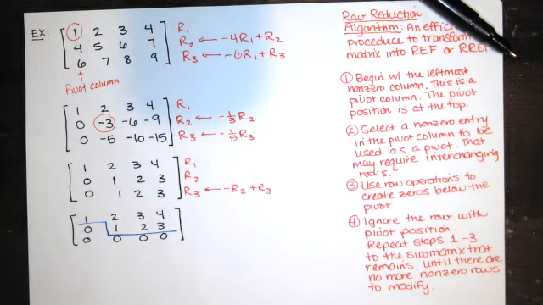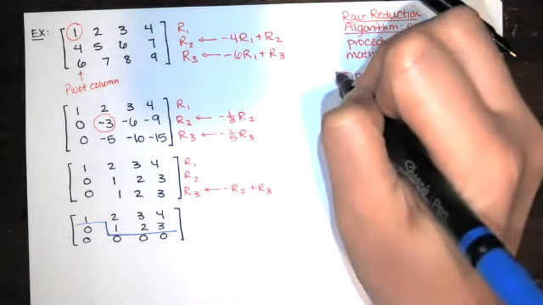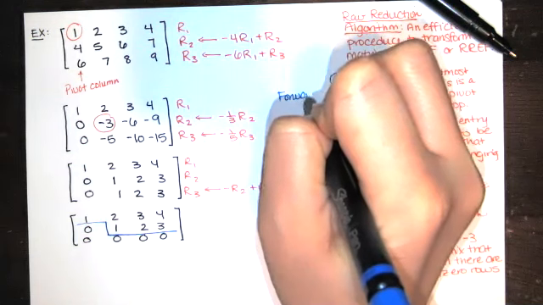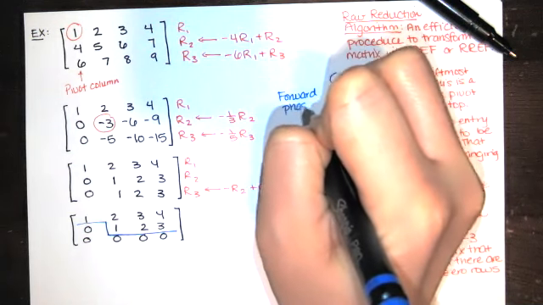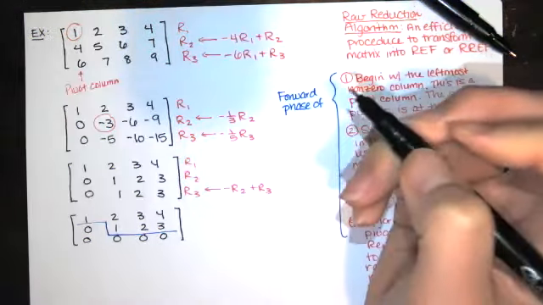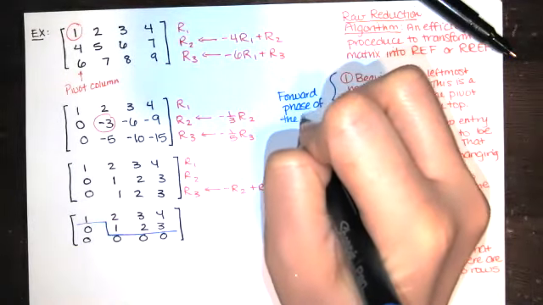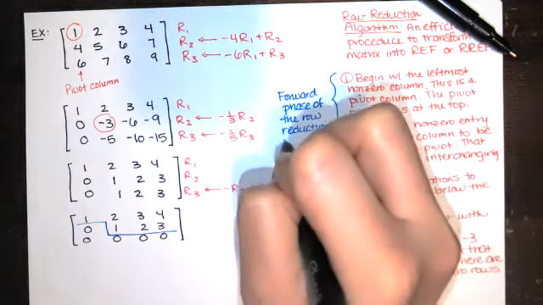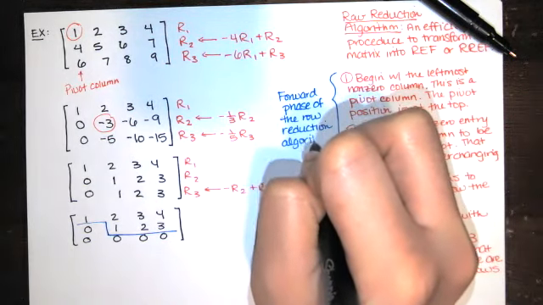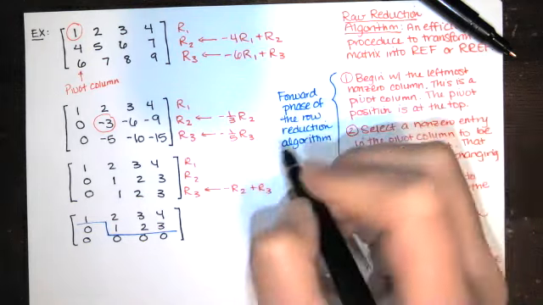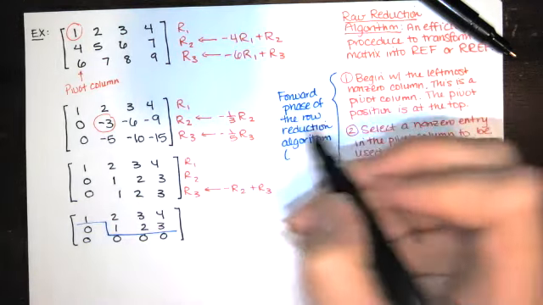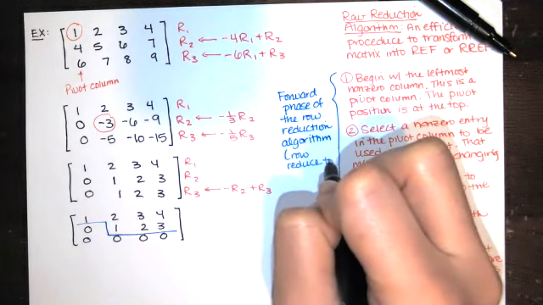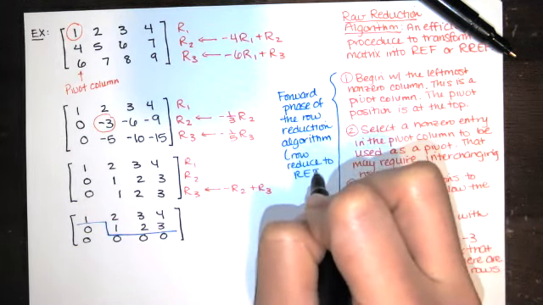These first 4 steps are called the forward phase of the row reduction algorithm. These allow us to row reduce to row echelon form.